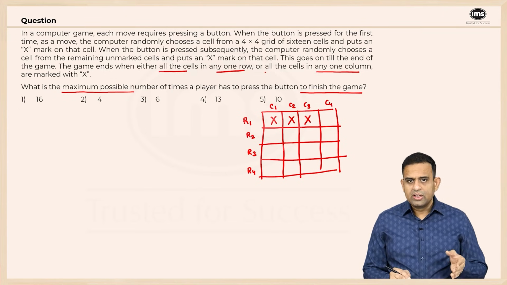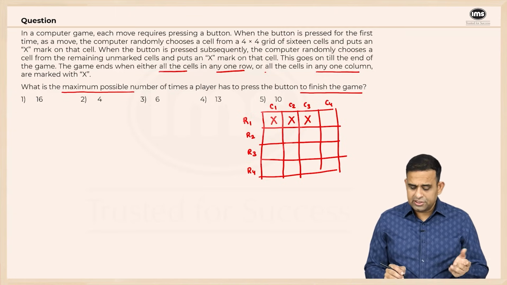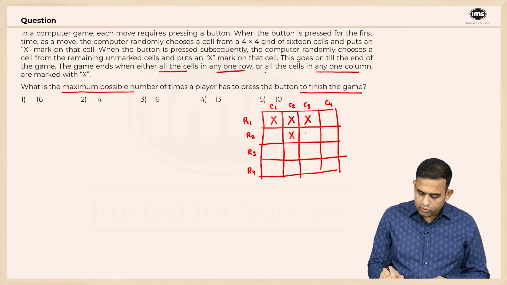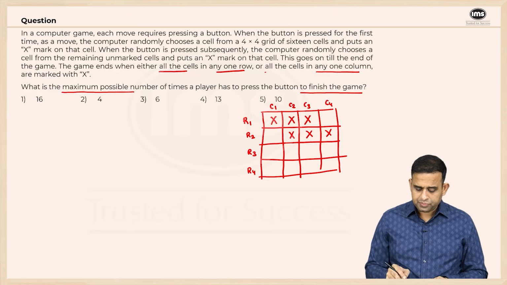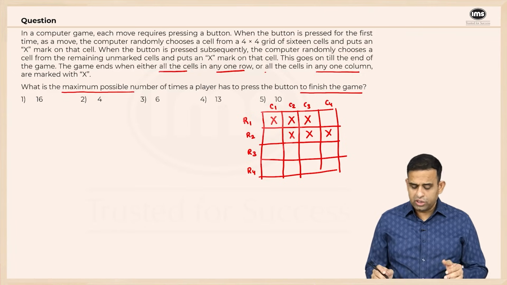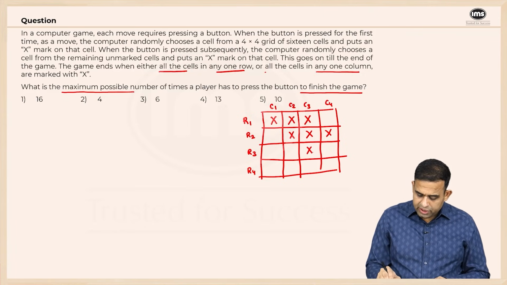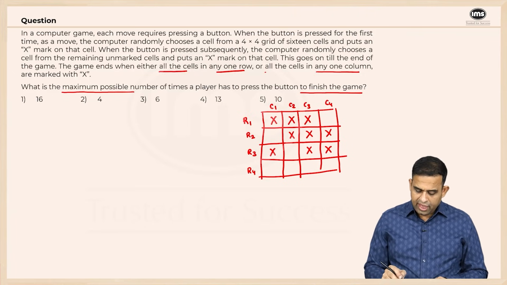Now in row number 2, suppose we place the 3 X's in column 2, column 3, column 4. In row 3, suppose we put the 3 X's in column 3, column 4, column 1. And then finally, in row number 4, we will put them in column number 4, column number 1 and column number 2.